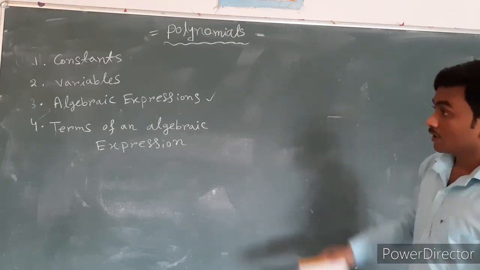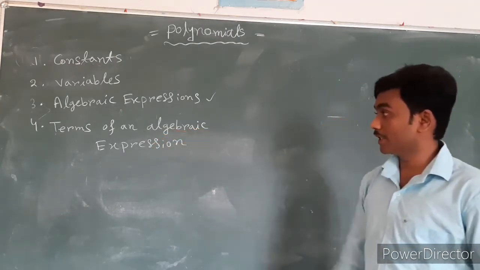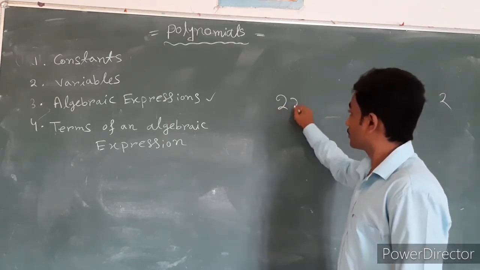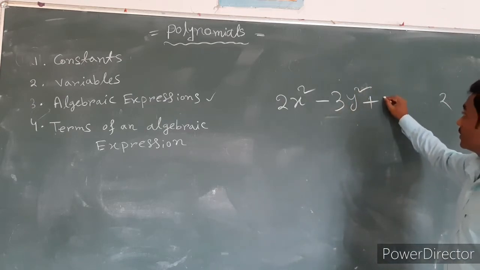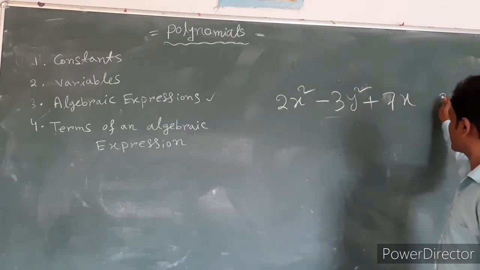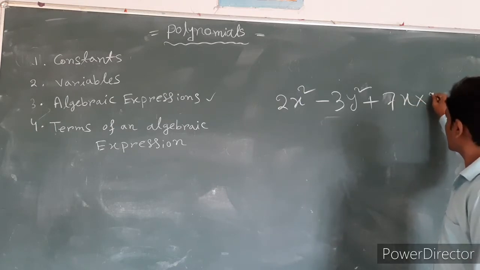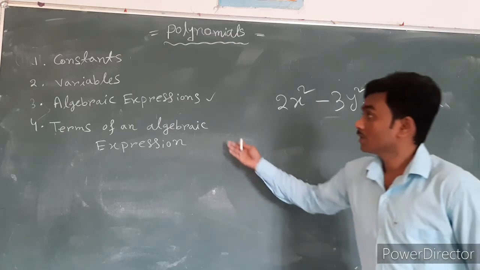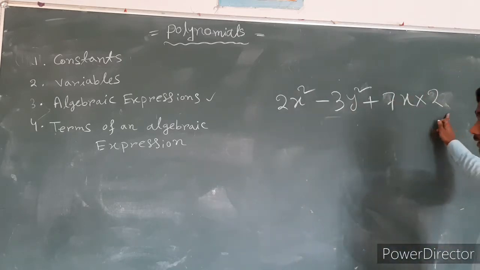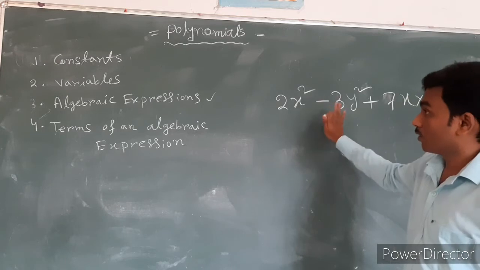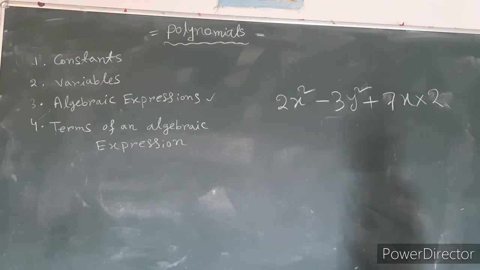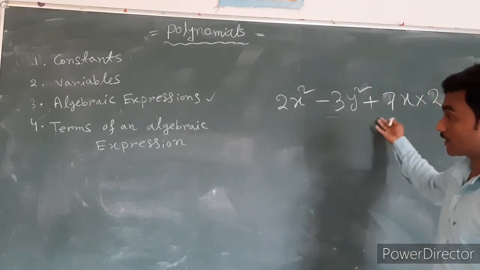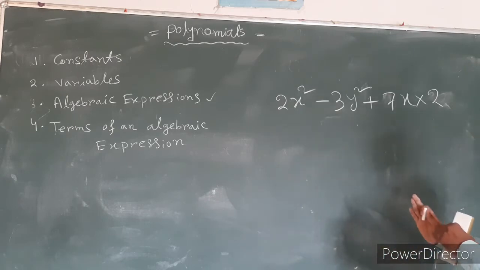Next, terms of an algebraic expression. Suppose 2x square minus 3y square plus 7x into 2. This is an algebraic expression because this is the combination of constant and variable connected with 4 fundamental operations. So this algebraic expression has how many parts? 1, 2, 3, 4.